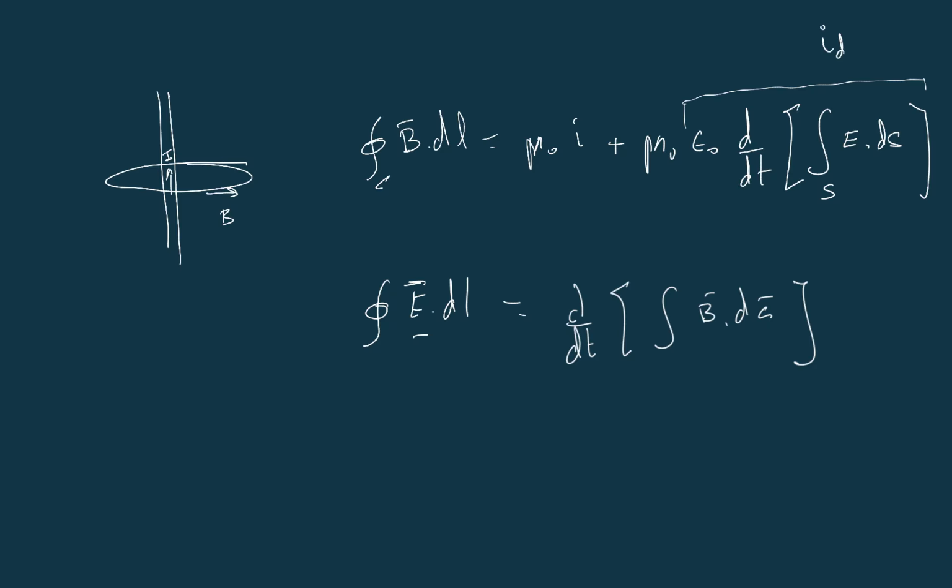This term he added by trying to make symmetry about the behavior of the electrical field and the magnetic field. Let me put it here: E dS, B scalar dl, E dl.